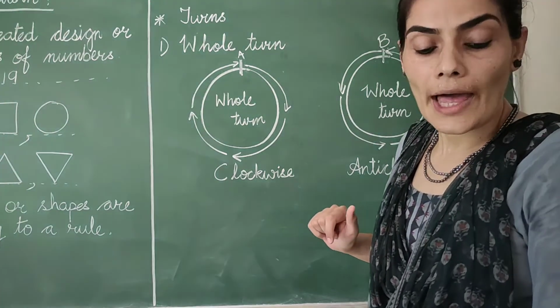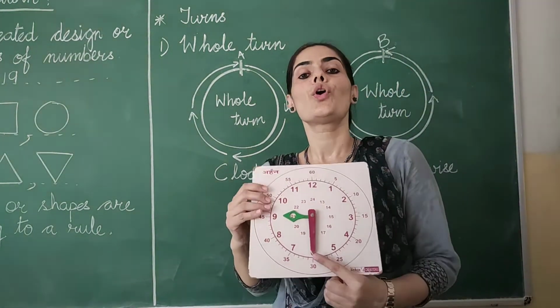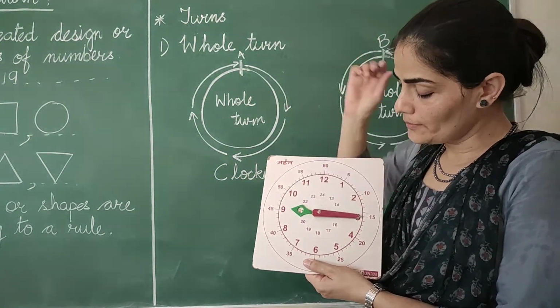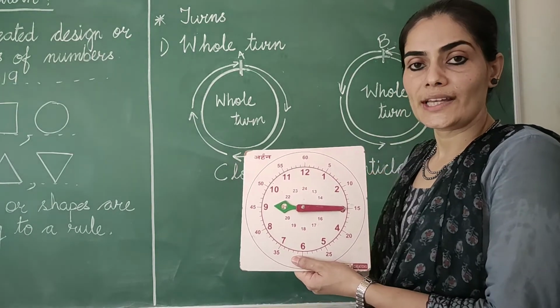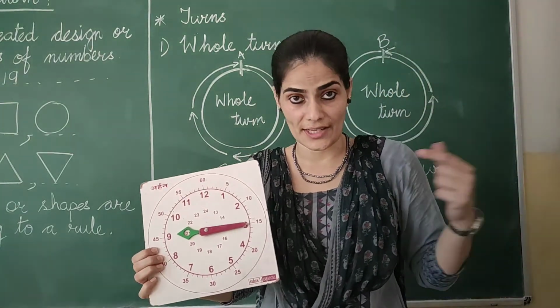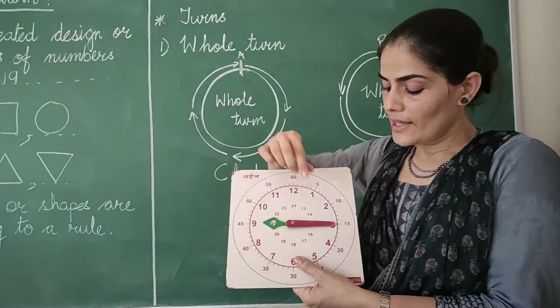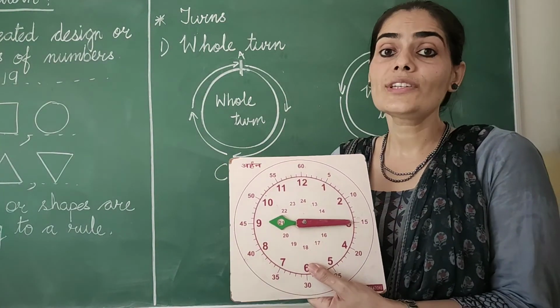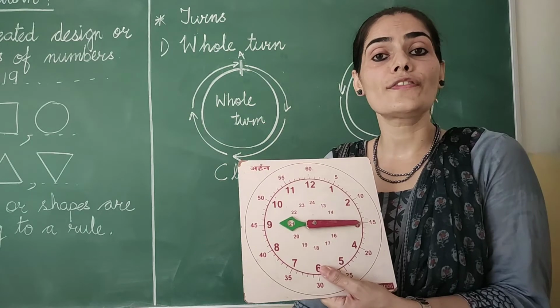Now again, I'll show you with the help of this model. Just observe beta, this time the object is pointing towards your right, or we can say it is pointing at 3. How does the minute hand of a clock move?